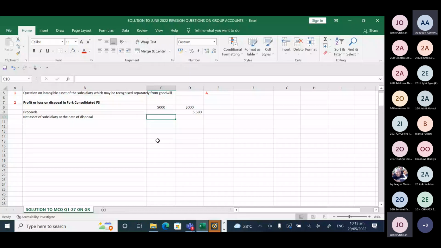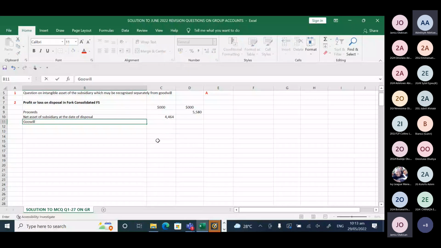64, right? Yes. And we have goodwill at the date of disposal, right? 1674. Then we have NCI at the date of disposal, 900.